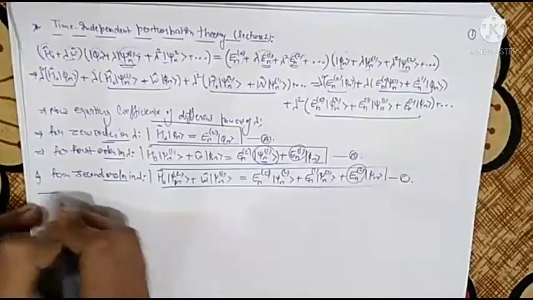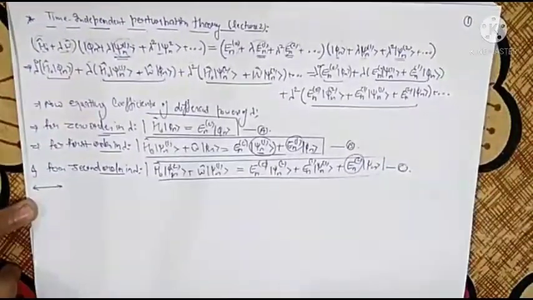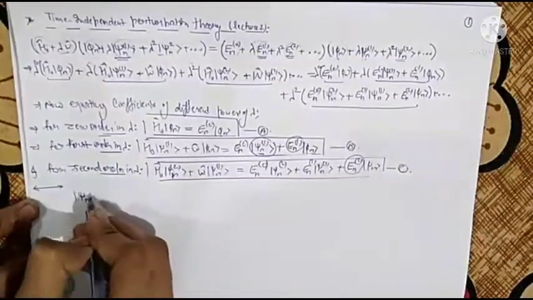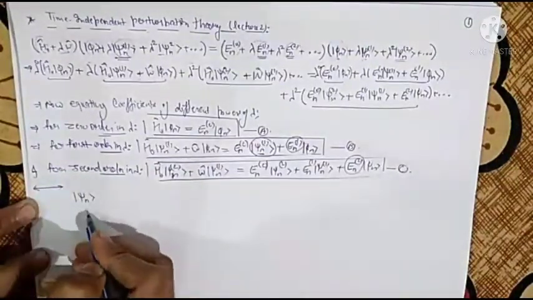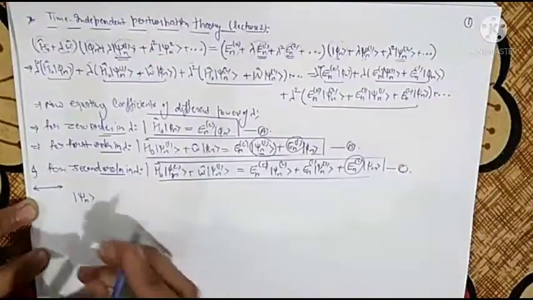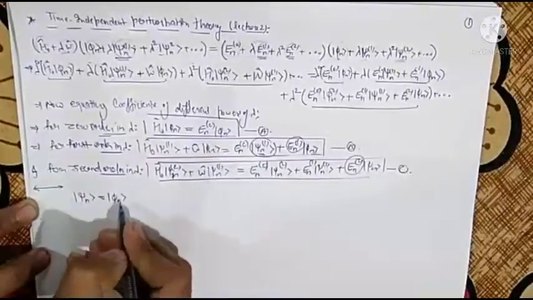Now before proceeding further, let me give you one more piece of information: here we are assuming that the new eigenstates of the system after the disturbance are nearly the same as they were before the disturbance, right?